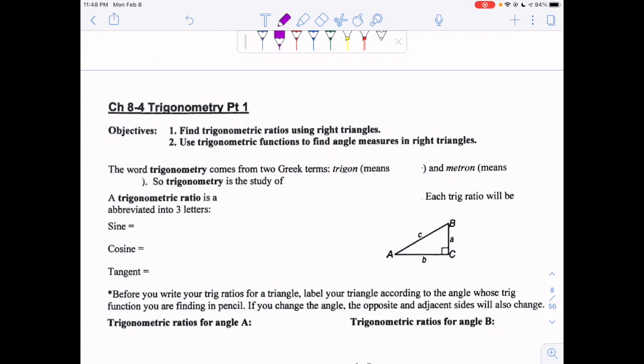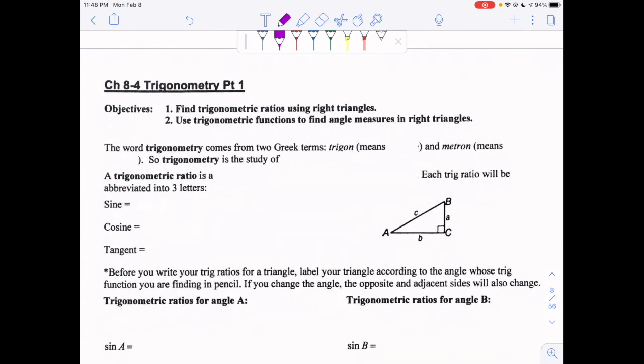So we're going to get started with the notes here. That's a little intro of how it could be applied in real life scenarios. And actually, trigonometry, guys, is probably the most important math in geometry that you will be using for the rest of your math career. Whether you're taking whatever class you're taking next year, or even in college, right? In college, you have to take some type of math classes, right?